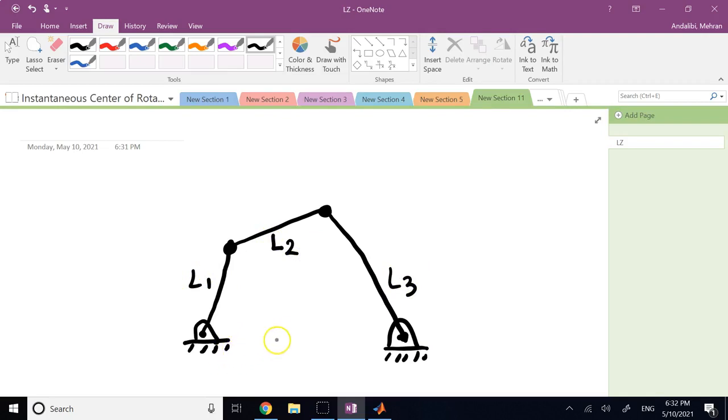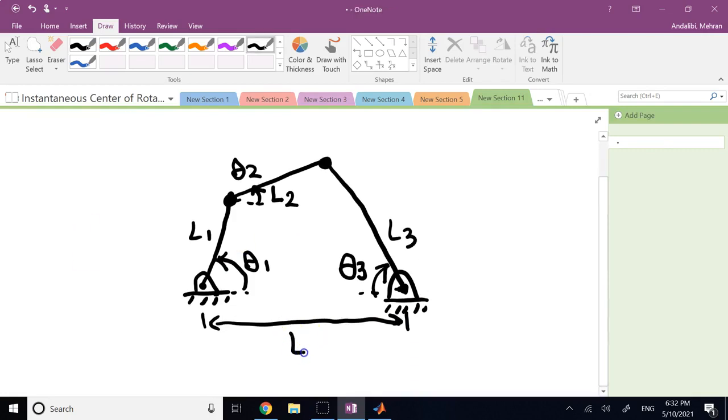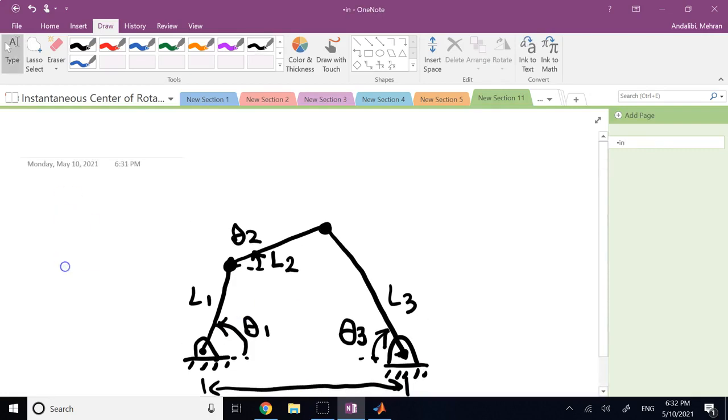Then also, let's say here, this angle theta 1 is given, angle theta 2 is given, and this angle theta 3 is given. All of them are given. Clearly, you can also find this distance L4 because it is going to be a function of L1, L2, L3, and their thetas. So these are known.